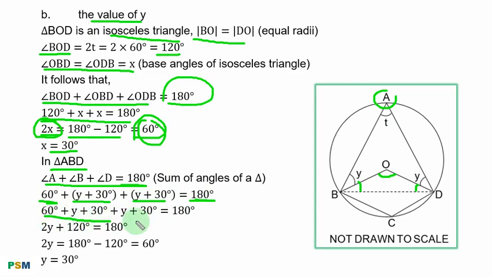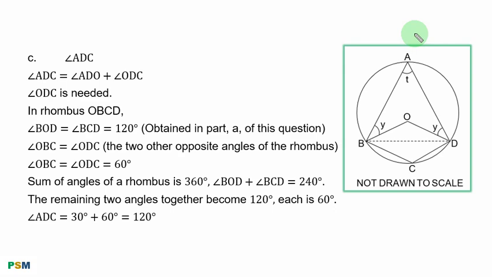You open the bracket, add like terms, transfer this value to the right hand side. You have it in this form. When you subtract, you have 60 degrees. Divide both sides by 2 to get y, and y is equal to 30 degrees.